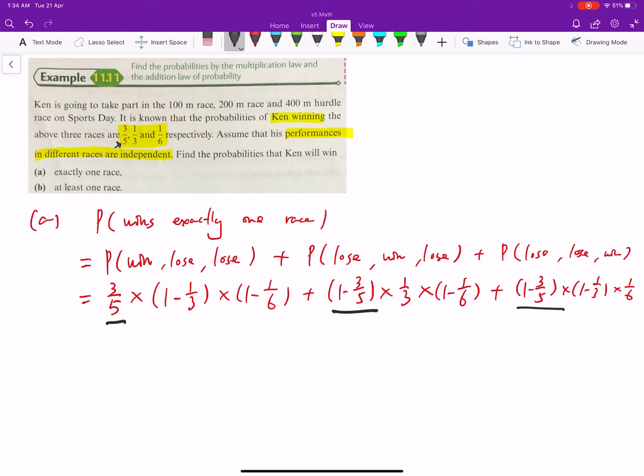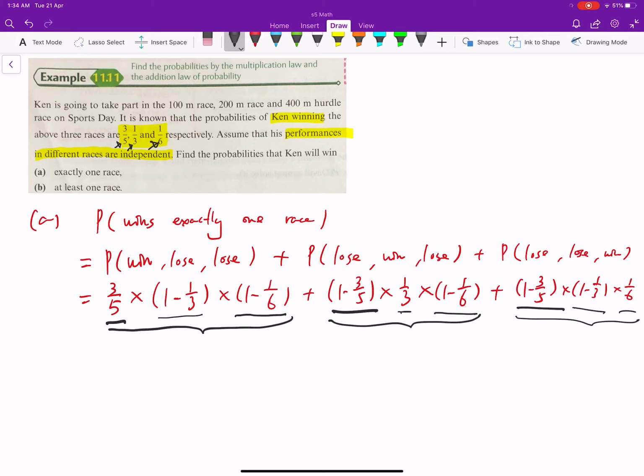And for the second one, there should be the same, 2 brackets, and also 1/3, which is from the question. And the last one also has 2 brackets and 1/6. And for these 3 terms, there's only 1 number without a bracket.